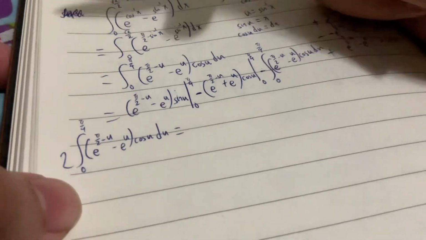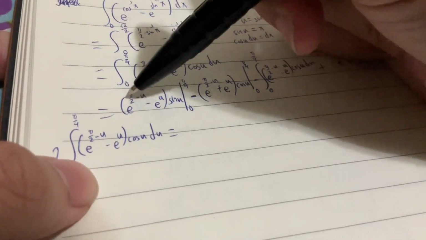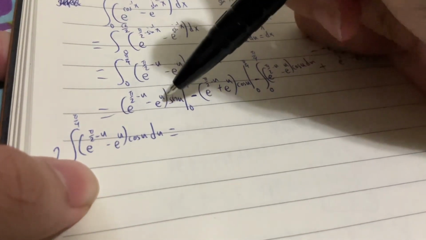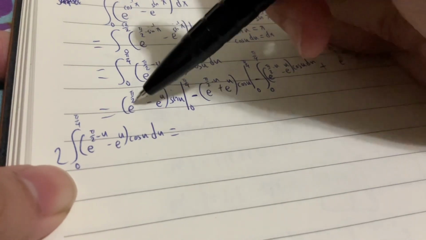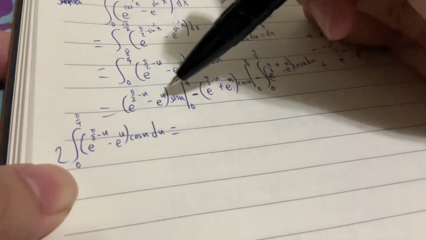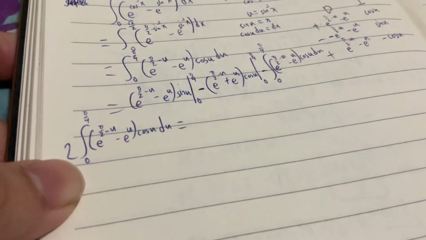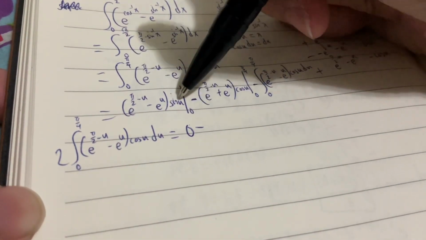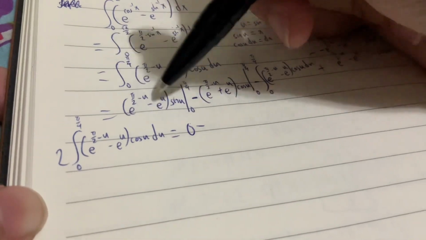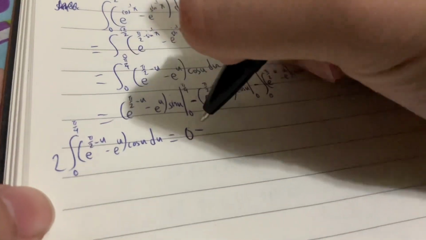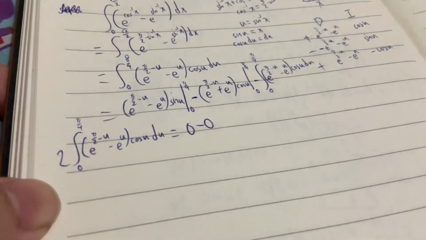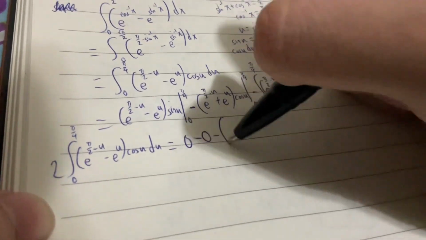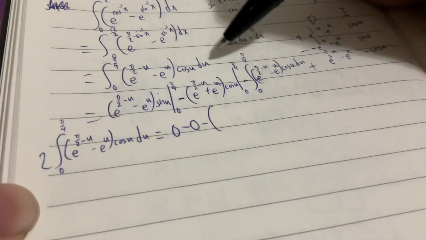And then here, e power of pi over 4 minus e power of pi over 4, you just get a 0 here. 0 times sine pi over 4, you get 0. And then we're going to subtract another one. If you put 0 inside, the whole thing you just get 0 thanks to sine 0. So you get 0. And then we're going to subtract, put parentheses, put pi over 4 into it.